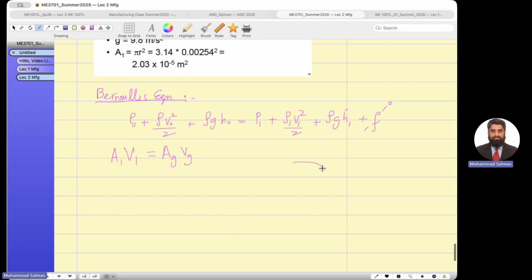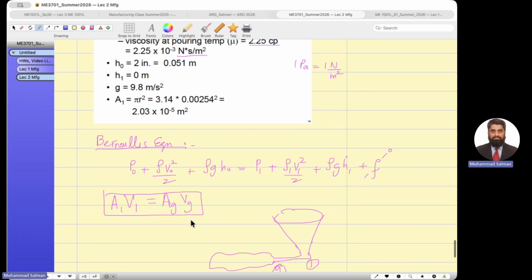As I mentioned, this is a sprue, and the sprue has the bottom and then it has a gate. You have to compare the states at the gate and the bottom of the sprue, and this equation will help me find the velocity, which we will apply in our Reynolds number.